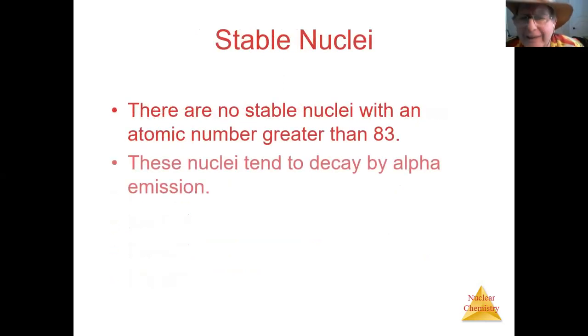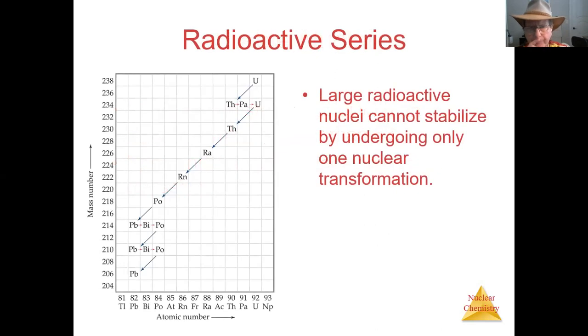All right, you go beyond 83. What the nuclei have a tendency to do is decay by alpha emission. But when you have these real large radioactive nuclei, they're not going to stabilize in one step. So you have a radioactive series that occurs. First thing that happens to uranium, it loses an alpha particle to make thorium.